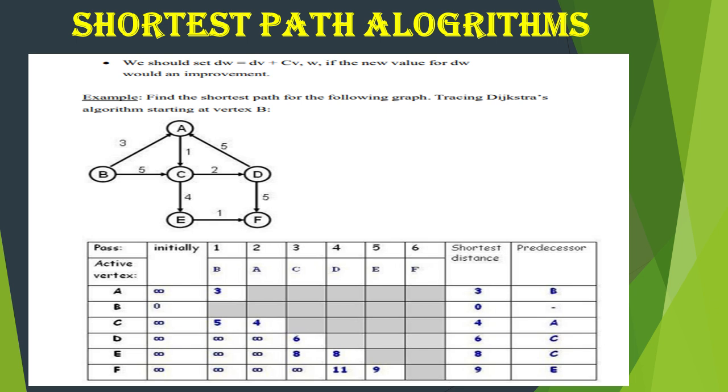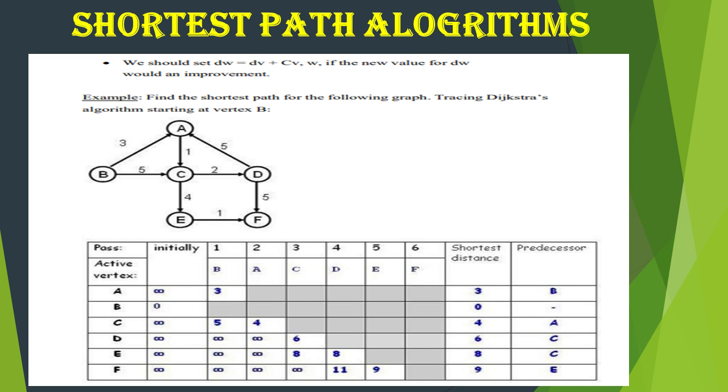There is an edge from C to D and C to E. C to E is 4 and C to D is 2. The cost for C is already calculated, that is 4. So C to D is 4 plus 2, which is equal to 6, and C to E is 4 plus 4, which is equal to 8. Among 6 and 8, 6 is the minimum value. So we have to choose the vertex D.